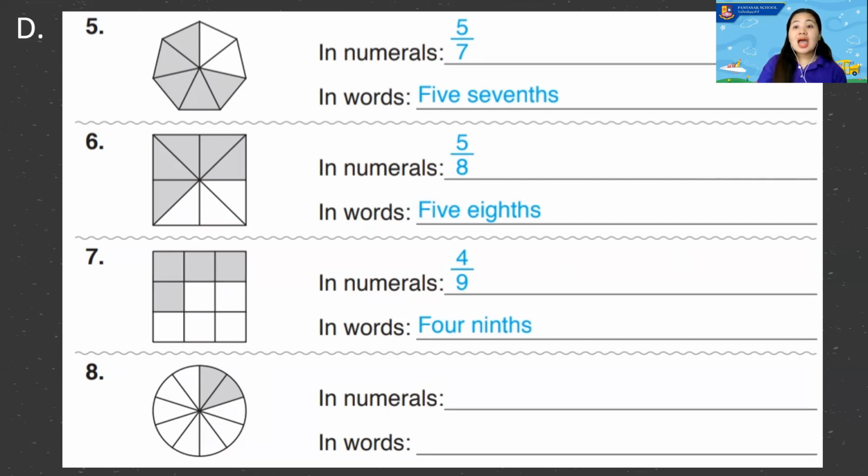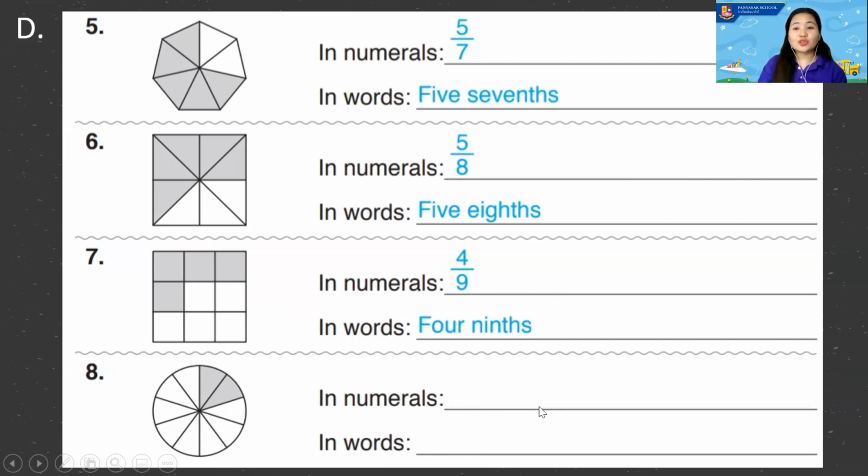How about number 8? How many shaded parts are there? That is 2, so 2 over. Let's count the total. 1, 2, 3, 4, 5, 6, 7, 8, 9, 10.